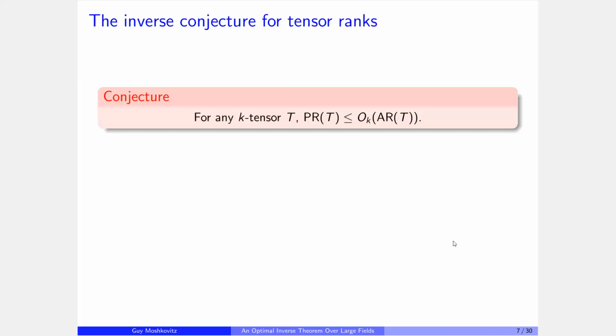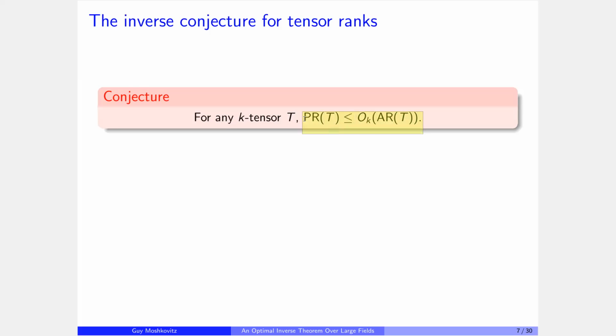Okay. And the inverse conjecture says that the partition rank can be bounded from above by the analytic rank times, and this is the more very optimistic conjecture, some constant, some quantity that depends only on K, which we usually think of as a constant. This is kind of amazing, right?